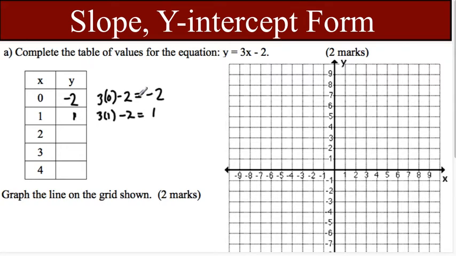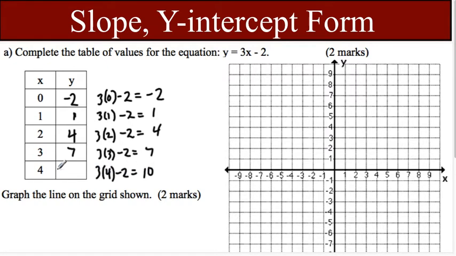So we've got 1 here. When x is 2, that would be 3 times 2 minus 2. So that's 6 minus 2, that's 4. 3 times 3 minus 2, that would be 9 minus 2, which is 7. And 3 times 4 minus 2 would be 12 minus 2, which is 10.